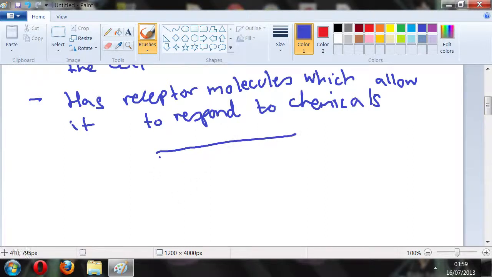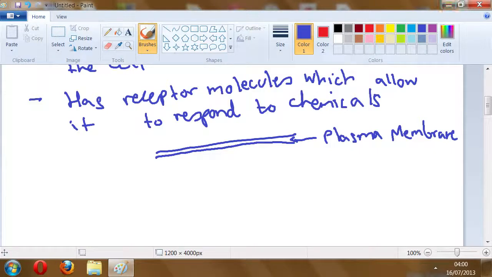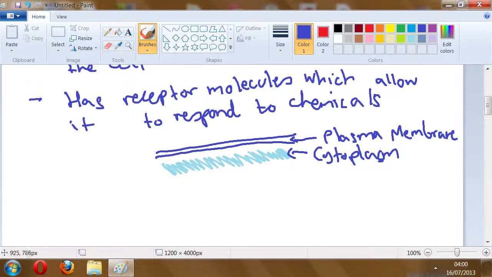Here's the plasma membrane, and then we've got the cytoplasm right here. Alright, so I think that will do it for the plasma membrane.